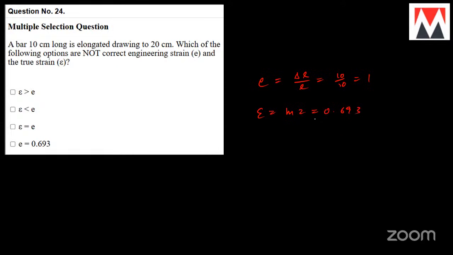So epsilon is greater than E. Sorry, less than E. What are the options you have? Epsilon is greater than E. Epsilon equal to E. E is equal to 0.693. So these three are wrong. So your answer is ACD, not AD. Okay, it is ACD.